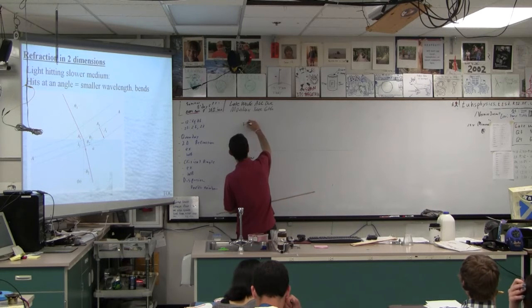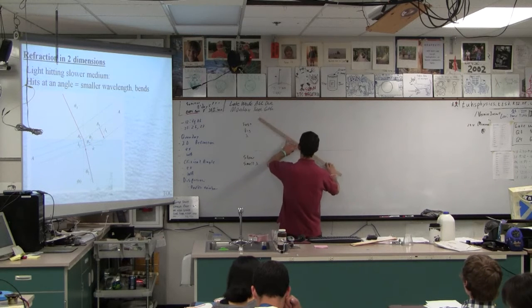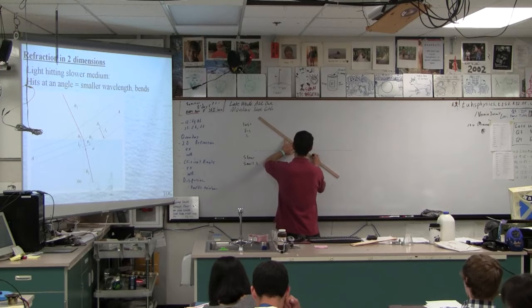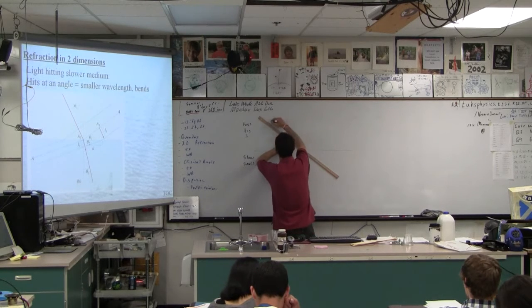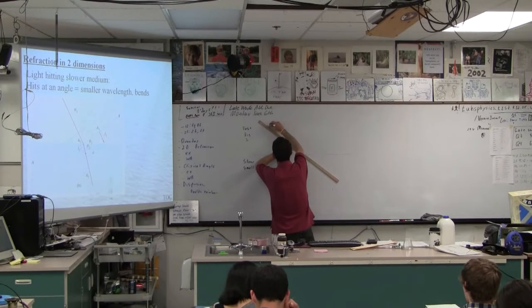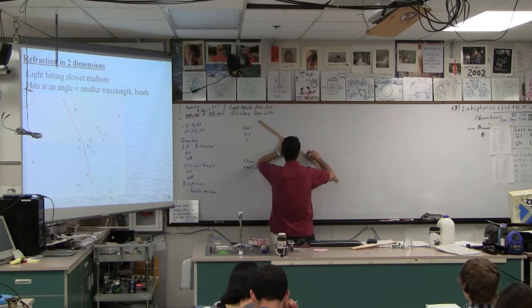And then this is fast. This will be big wavelength. Yeah? And then let's make the beam of light come in at some auspicious angle. Comme ça. Here's the beam of light.